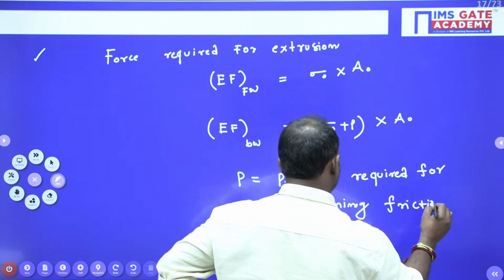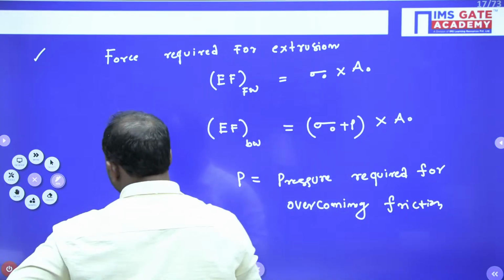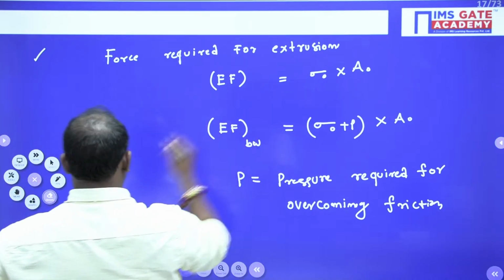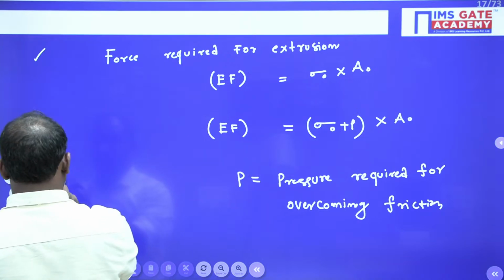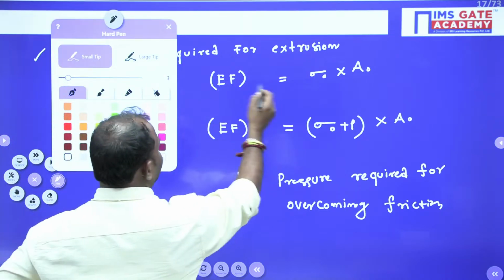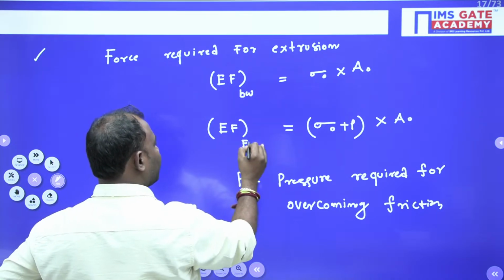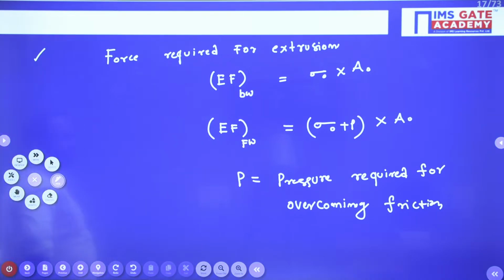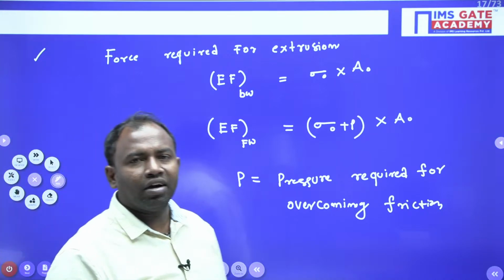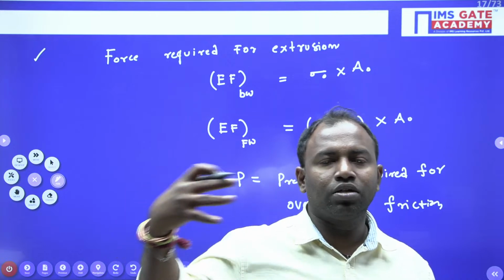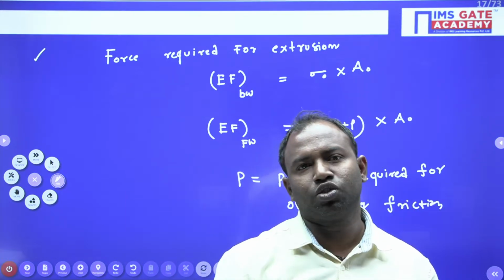I'm sorry guys, here it is backward and forward. In forward extrusion only, friction is more. Okay. In forward extrusion, friction will be more because the raw material is moving against the container walls. That is why friction is going to be generated.